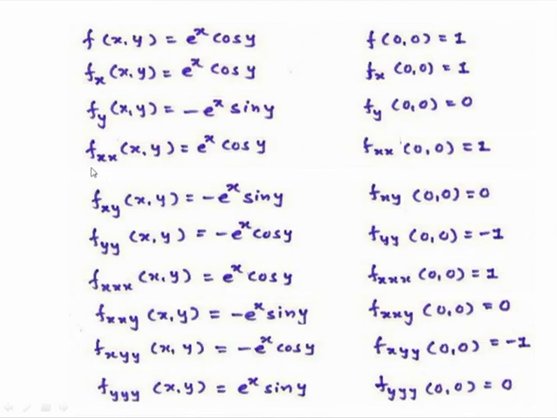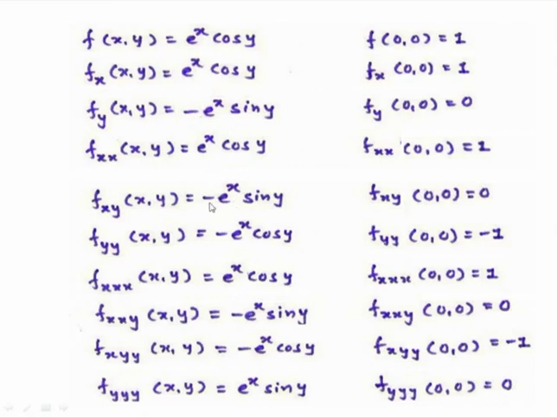So fxx, second order partial derivative of the function with respect to x twice, is e raised to x into cos y. fxx at (0,0) is 1. Similarly, we can find fxy. So first we are differentiating function with respect to y and then x. So this is minus e raised to x sin y, and with respect to x, so e raised to x again.